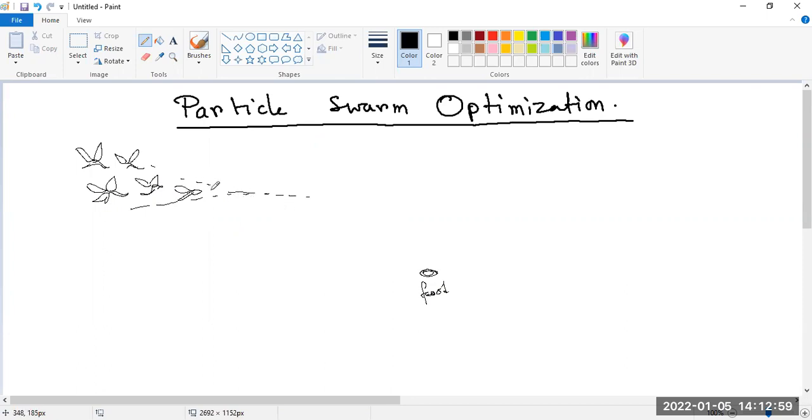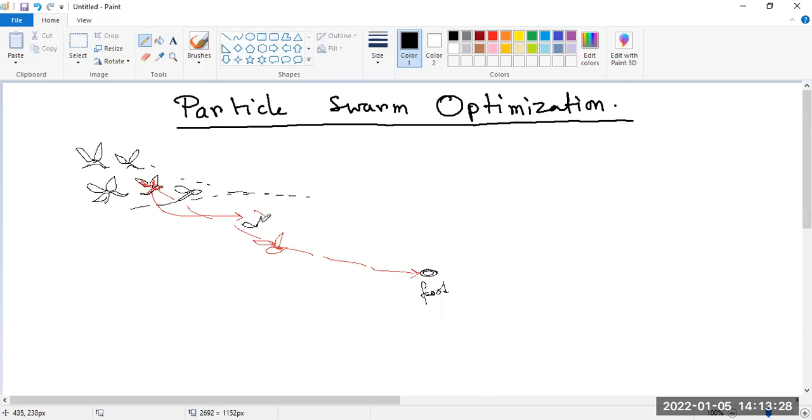Whenever one of these birds can watch and identify the food, it changes its position. The next position, this red colored bird just comes and changes its position, and other birds are just following.